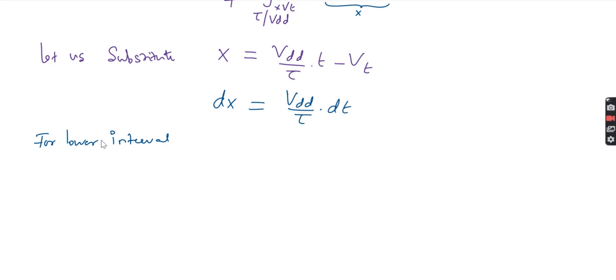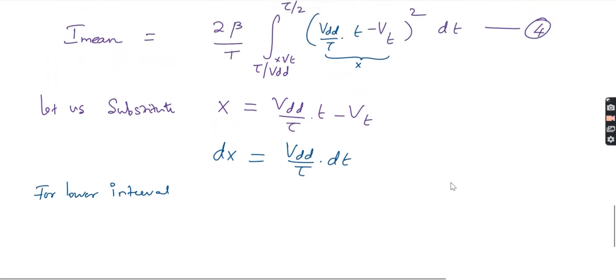Let us take the lower interval. What is the lower interval actually? In the place of T1, you can see here the lower limit we have is tau by VDD into Vt. So now we can see that it is in the place of t actually. Vt, right?